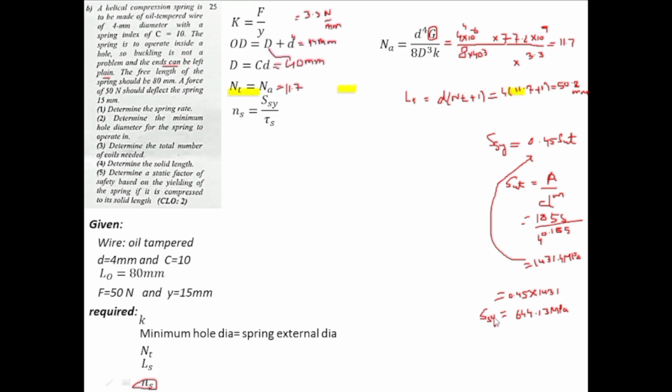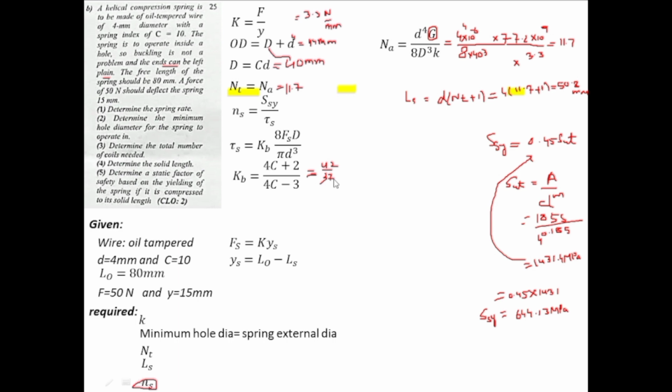Now after that you will have to find out tau s, and tau s is equal to Kb into 8 Fs mean coil diameter divided by pi d cube. So let's find out the Kb from this formula. C is 10, so 4 multiplied by 10 plus 2 divided by 4 multiplied by 10 minus 3 will give you 42 by 37. And Fs can be found from this equation, that is Fs is equal to K into Ys.